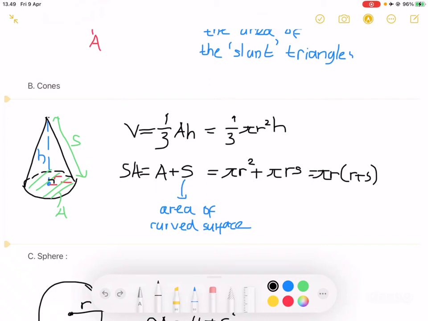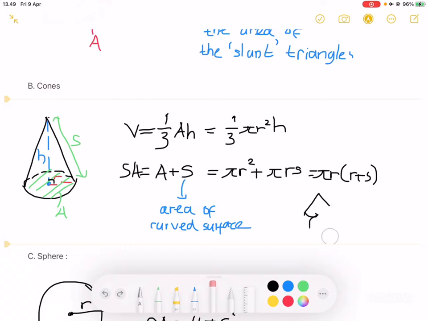Now if you look at the net of a cone, it looks a little bit like this. So it has this circle there, but it also has this surface, and we call this a curved surface.